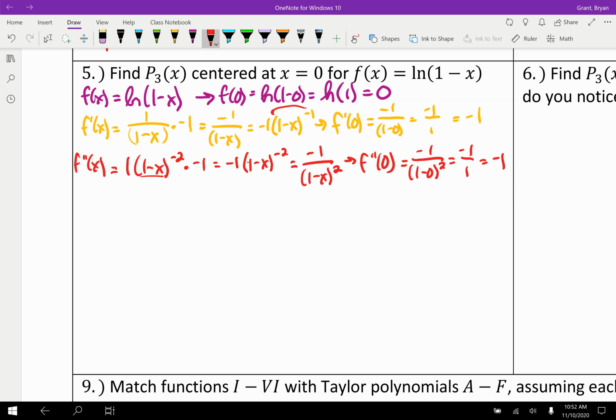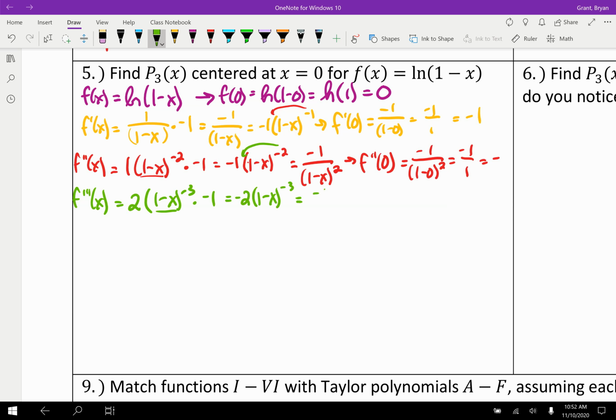And you're like, whoa, will the derivative of this be negative 1 every time? Well, no, it won't. We need one more derivative here. So third derivative, I'll do the derivative, not of that one, I'll do it of this one. I think the negative 2 comes down, makes it a positive 2, 1 minus x to the negative 3, times the derivative of the inside. So I think this becomes negative 2 times 1 minus x to the negative third, or negative 2 divided by 1 minus x cubed.